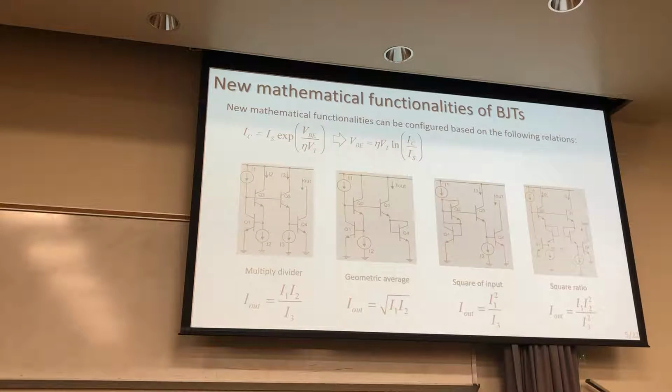You can come up with some really interesting mathematical relations between the currents going in and out of these BJTs, with them in different combinations. This is just a start, and there are probably a lot more that could come out of this. I don't think this list is exhaustive, but this is where he started off.